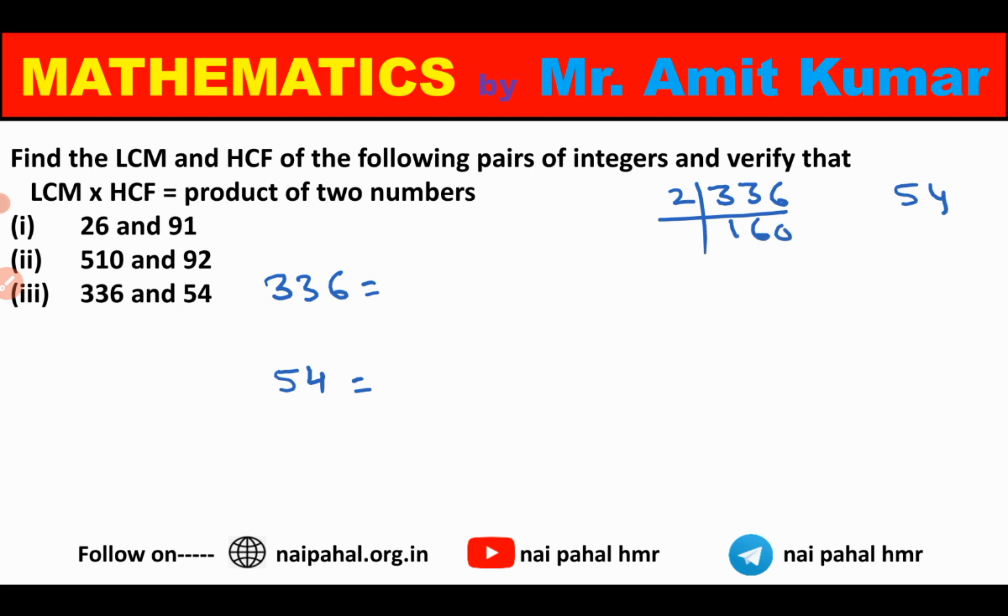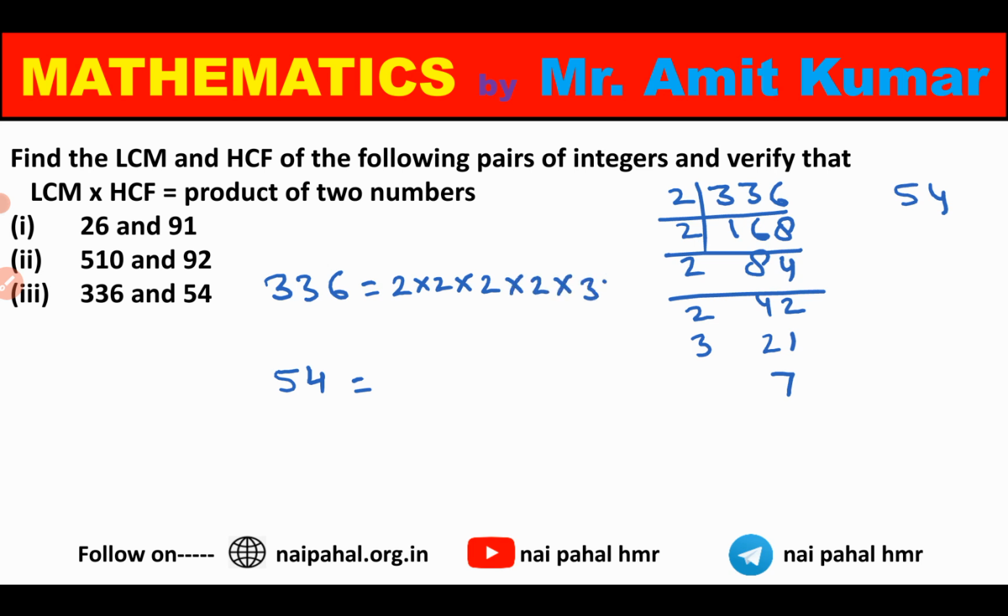168, 84, again by 2, 42, again by 2, 21, again by 3, 7. 2 multiplied by 2 multiplied by 2 multiplied by 2 multiplied by 3 multiplied by 7.